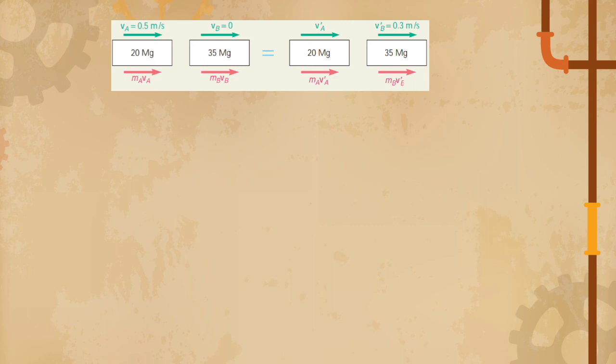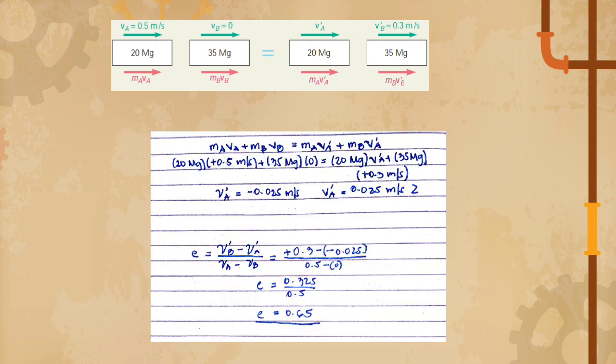So in this type of problem, we will use the equation of m sub A times v sub A plus m sub B times v sub B is equal to m sub A times v'(A) plus m sub B times v'(B). Substitute all the values needed, and we got the unknown value of v'(A) equal to 0.025 meter per second.